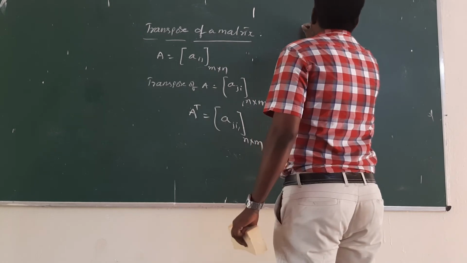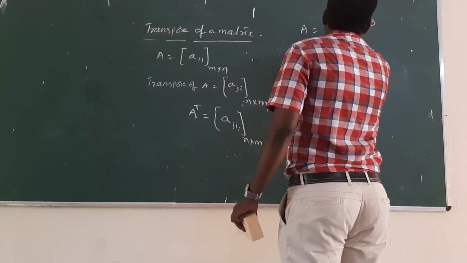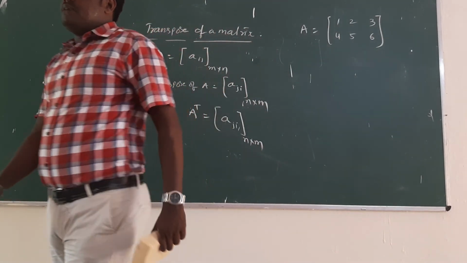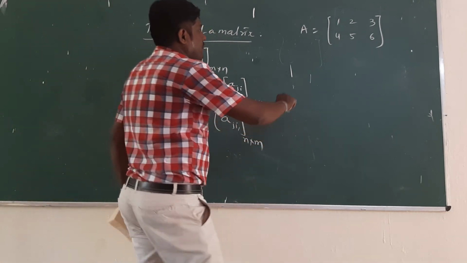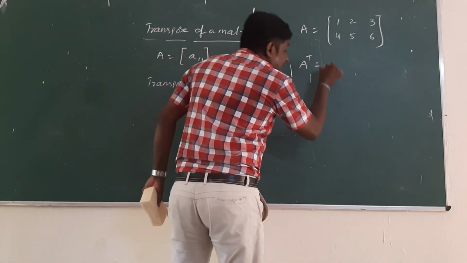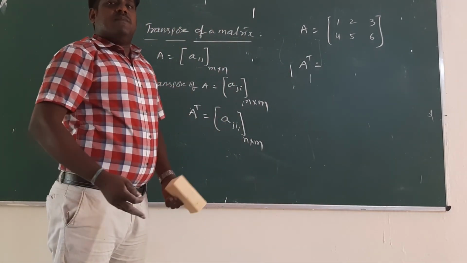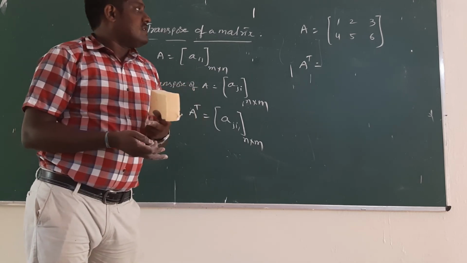See, I will give an example. Matrix A is [1 2 3; 4 5 6]. Here one matrix is given, the A matrix. What is the transpose of A? What is the definition of the transpose? We convert the rows into columns and columns into rows.